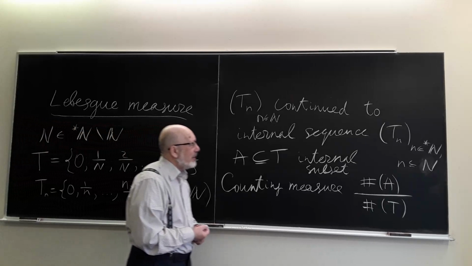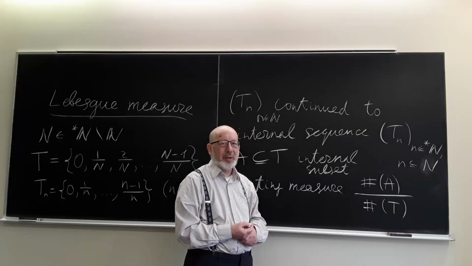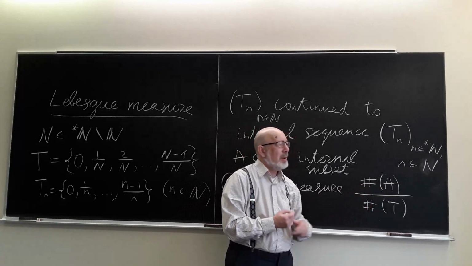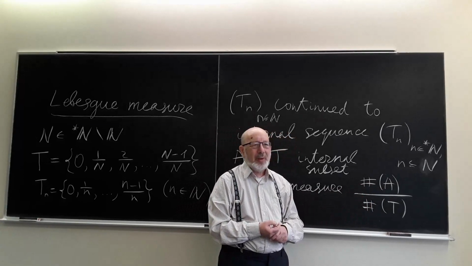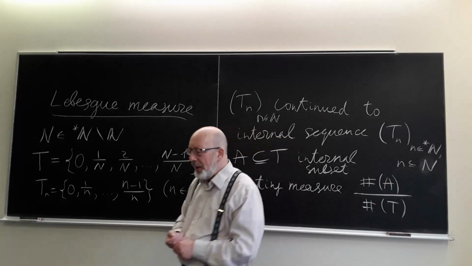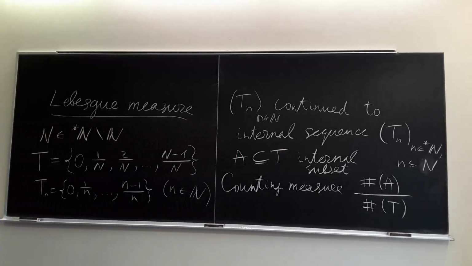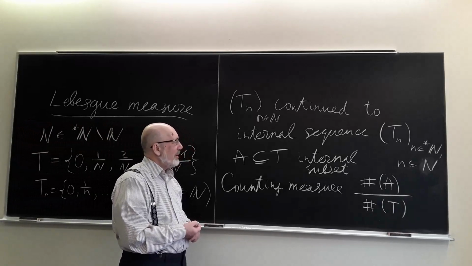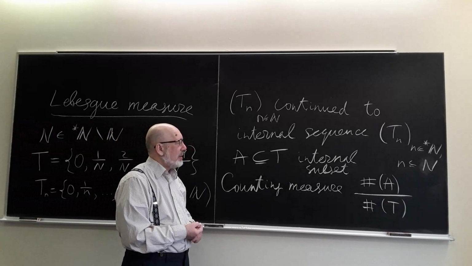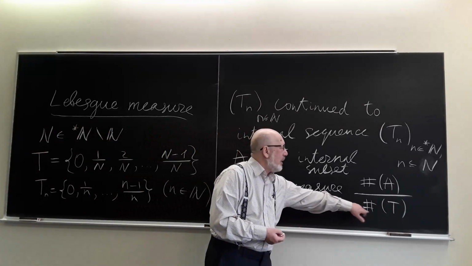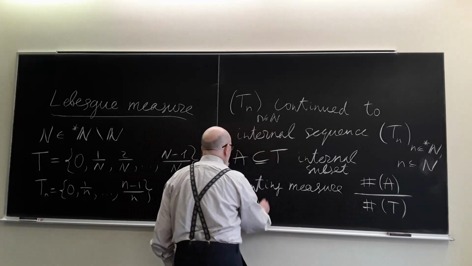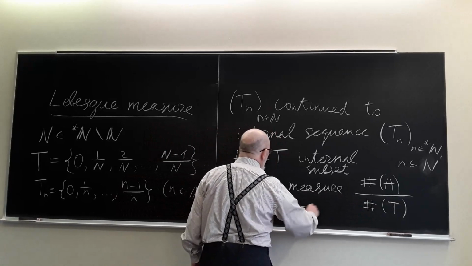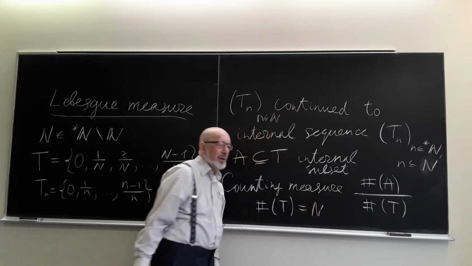As a set in the set theoretical sense, A can be even uncountable, and usually it is uncountable, but as an internal set, its number of elements can be defined, which is a non-standard integer. And the same for the number of elements of T, which is just n, which we chose.